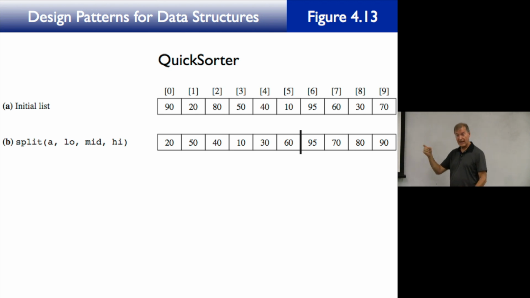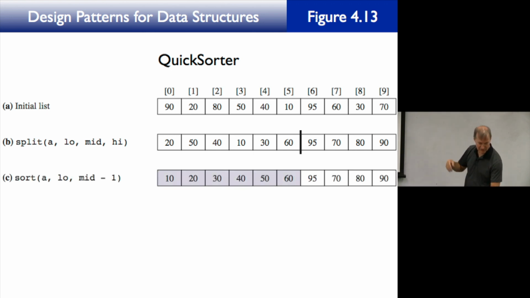So we'll see how, and I had to do that in a loop, right? Okay, and then how does the sort work? So here's a split, then what do we recursively do? Now what does the sort algorithm do? It recursively sorts the left side, so that gets 10, 20, 30, 40, 50, 60. That's A between low and mid minus 1.